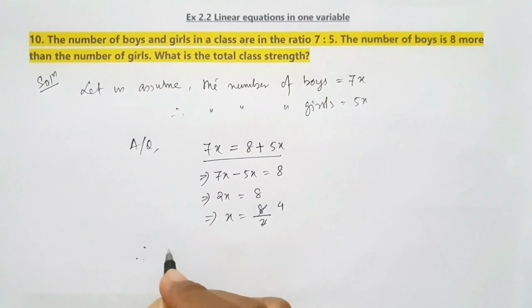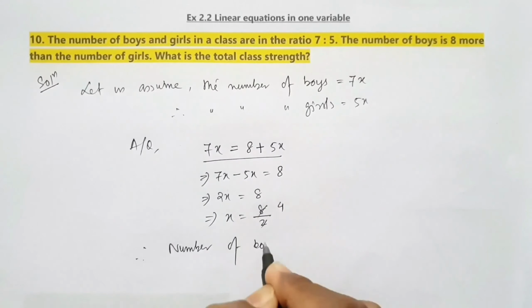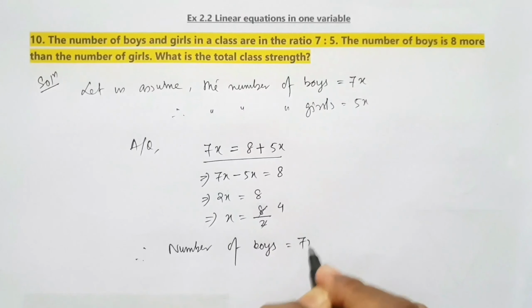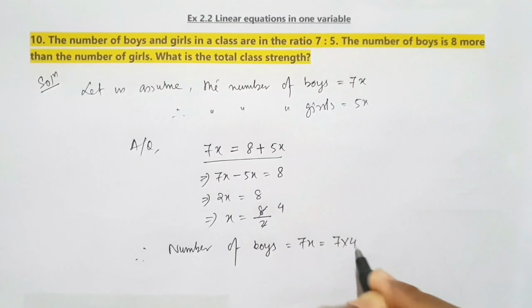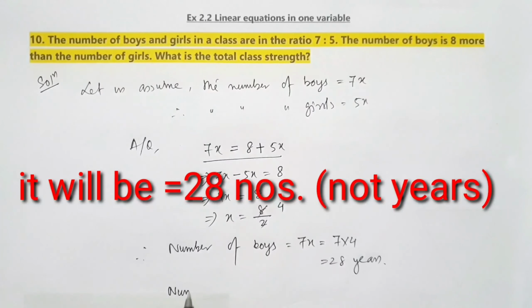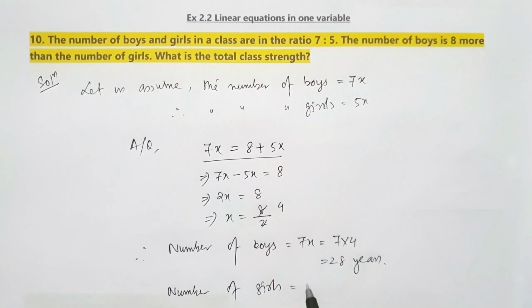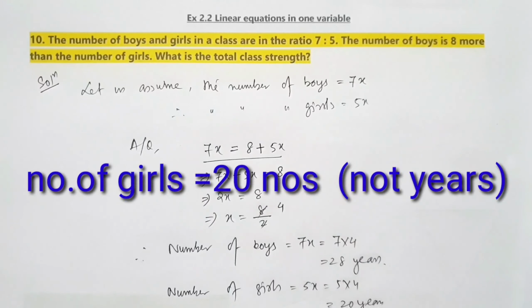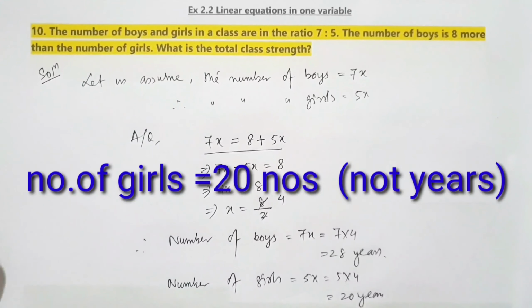So ultimately we can say that the number of boys is equal to 7x, means 7 into 4, which is nothing but 28, and the number of girls is equal to 5x. It means 5 into 4, that is 20. So this is our solution.